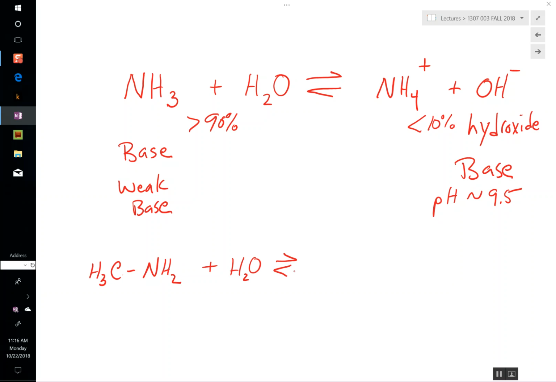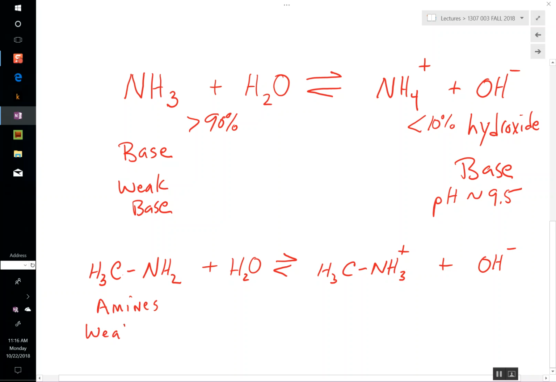So you're not going to get NH4 plus. If this gains one hydrogen, what are you ending up with over here? NH3 plus and hydroxide ion. So ammonia is a weak base. Amines are weak bases.